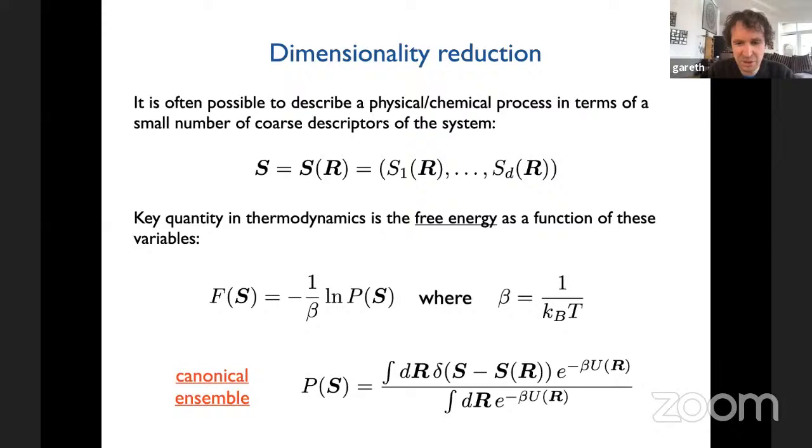And this introduces us naturally to this idea of the free energy, F of S, which is given by this formula, minus 1 over beta, the logarithm of the probability, and the probability we construct by building a histogram. And we can calculate that probability just by doing the normal business, the bread and butter of statistical mechanics, taking an ensemble average, which is what's going on in that formula at the bottom.